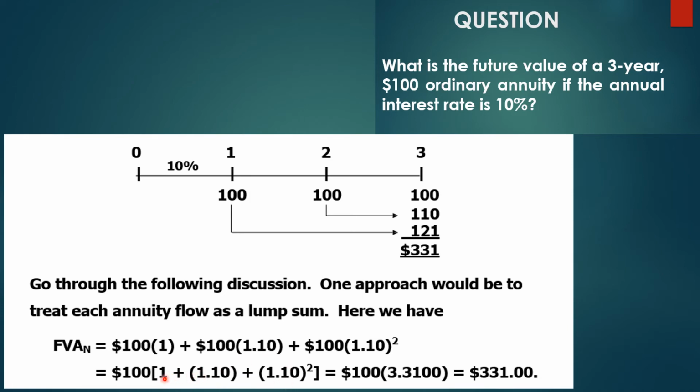So 3.31 here multiplied by 100, we get 331. Okay, so the formula is just the same, but for ordinary annuity, it is this one, 1 plus i, this one.